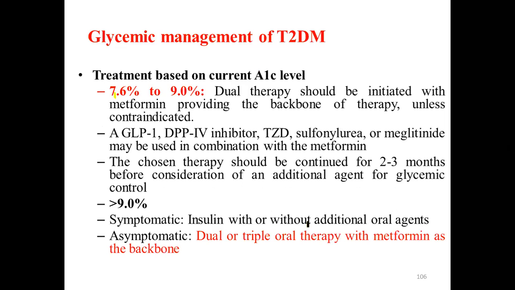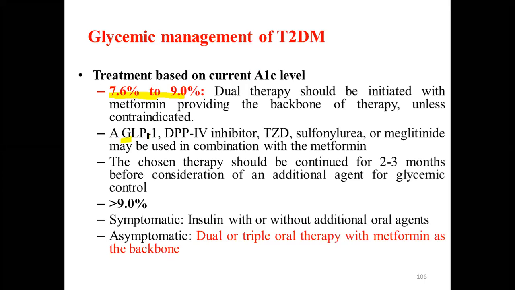Then, when the glycated hemoglobin level is between 7.6 and 9%, dual therapy is important to control the sugar level appropriately. Metformin will still be the backbone of combination therapy unless there is any contraindication.